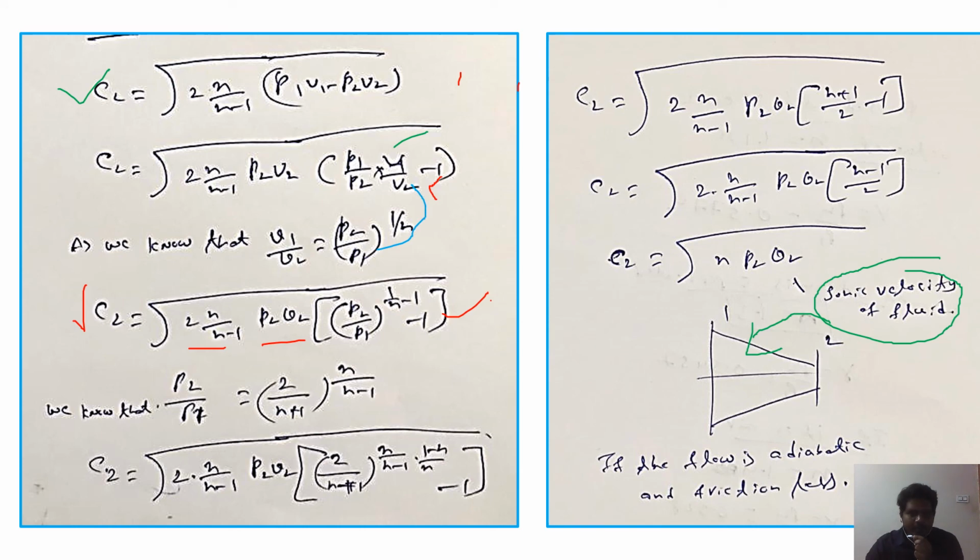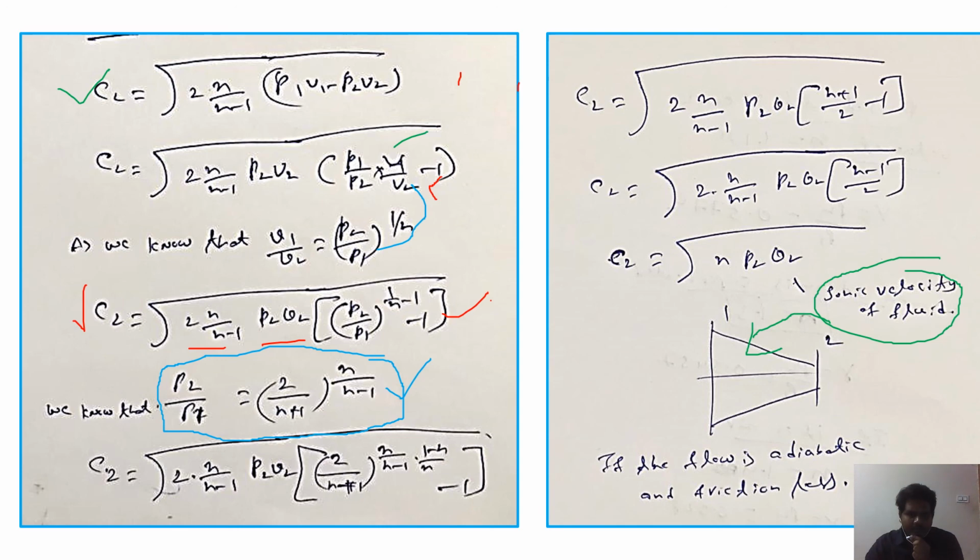Now again, for the pressure ratio, we know that P2 by P1 equals (2 by n plus 1) whole power n by n minus 1. This we just derived.